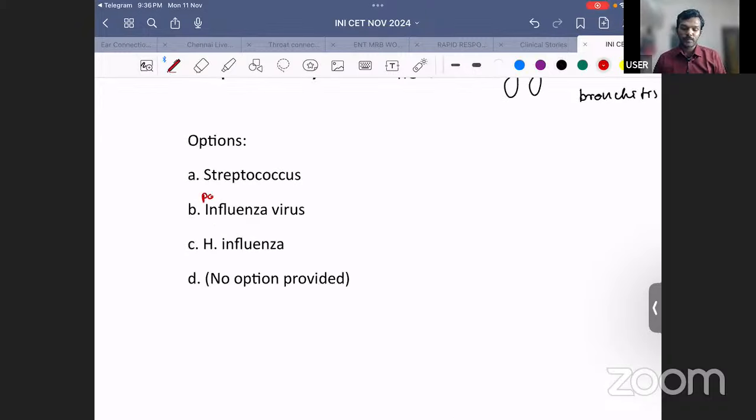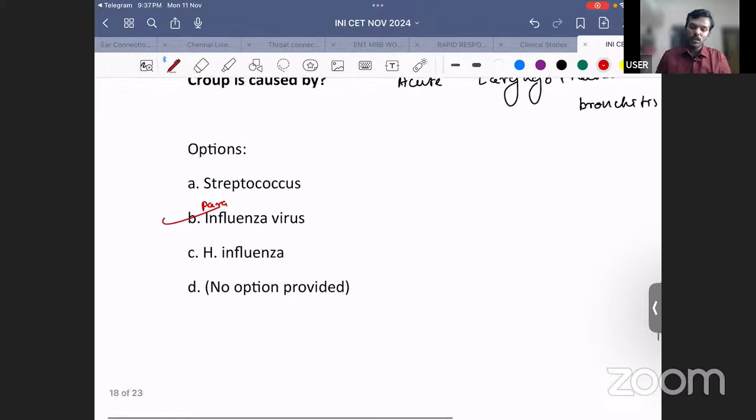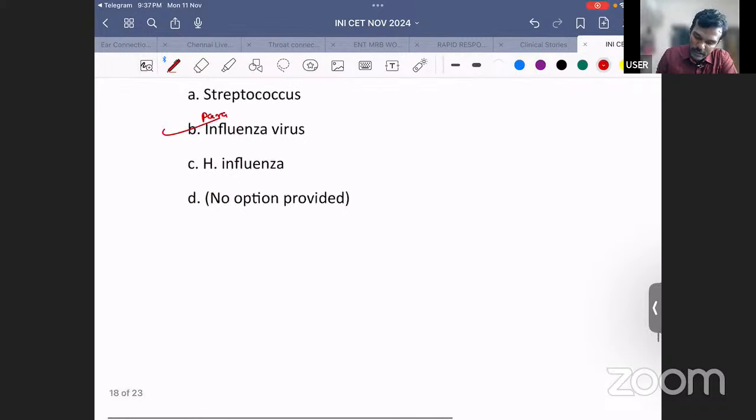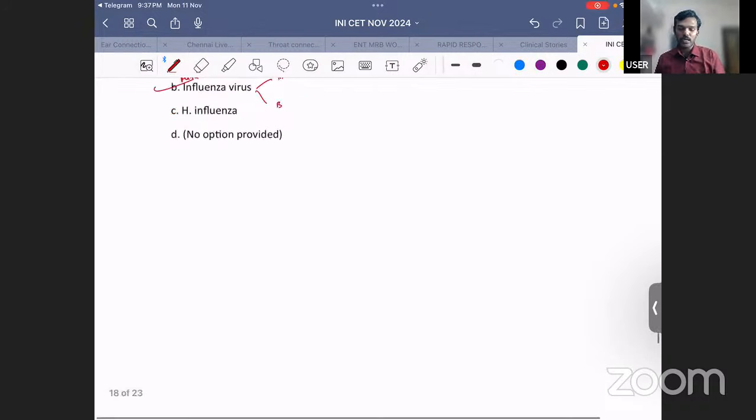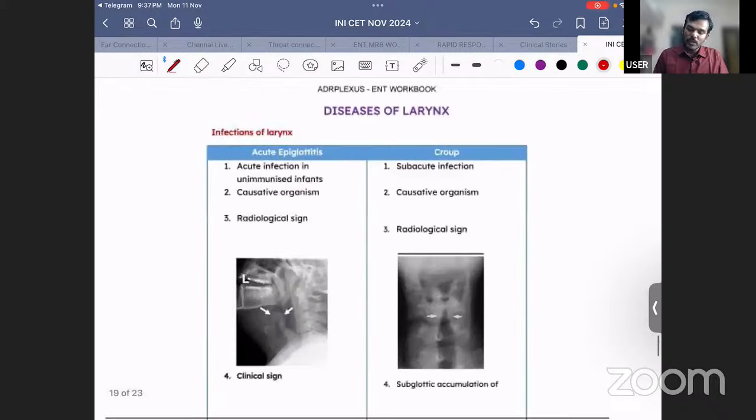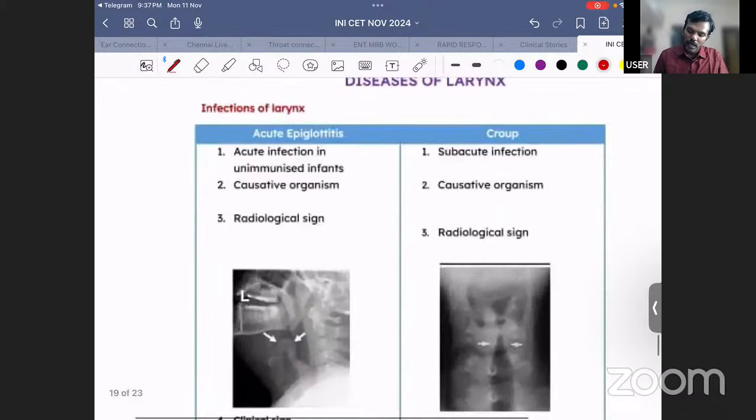There are two types, parainfluenza virus A and parainfluenza virus B, so both can cause this disease. A screenshot from a workbook, see here: croup is a subacute infection caused by parainfluenza virus.